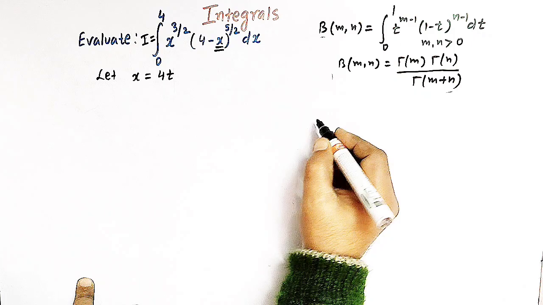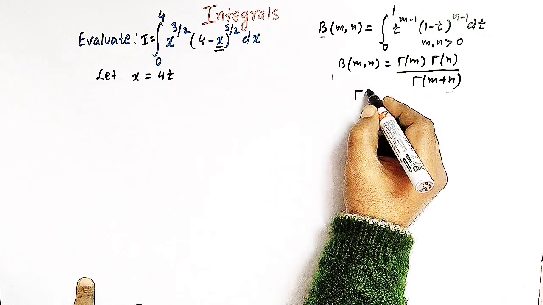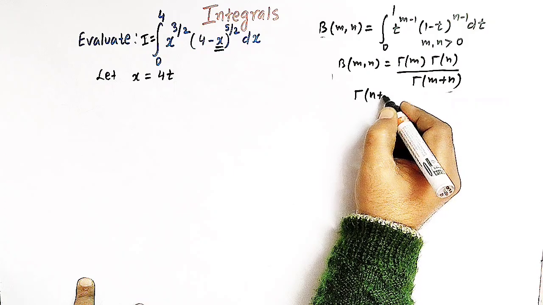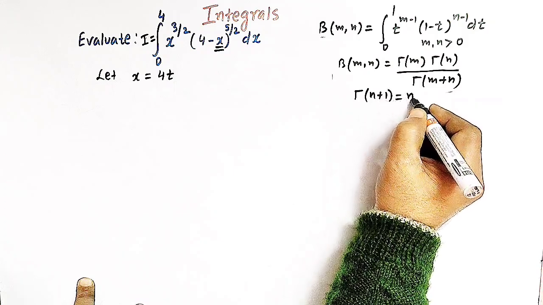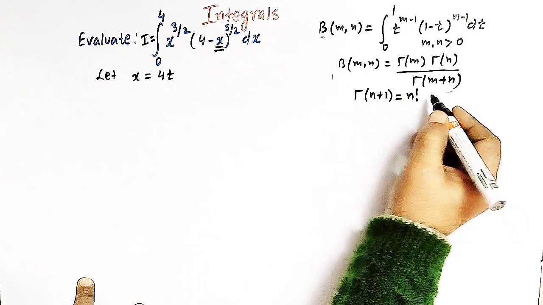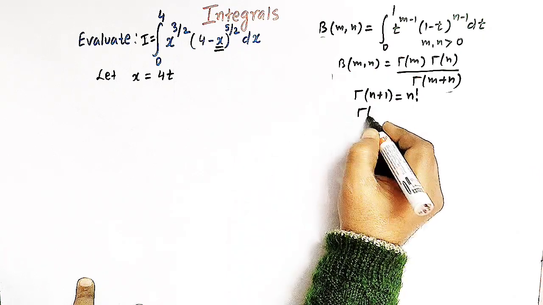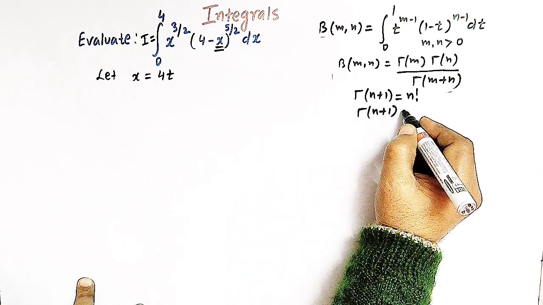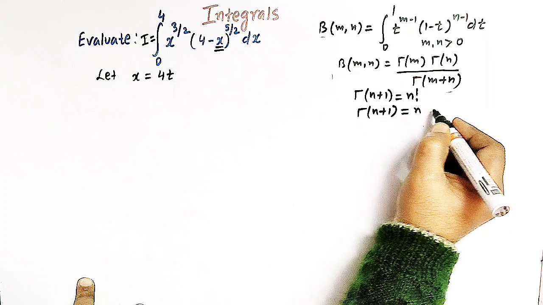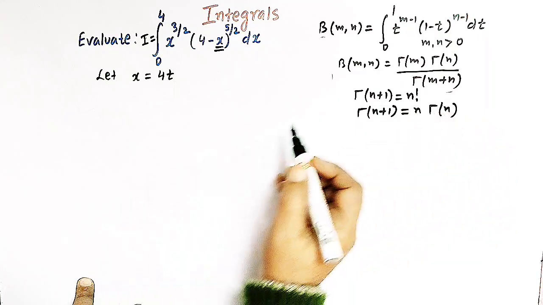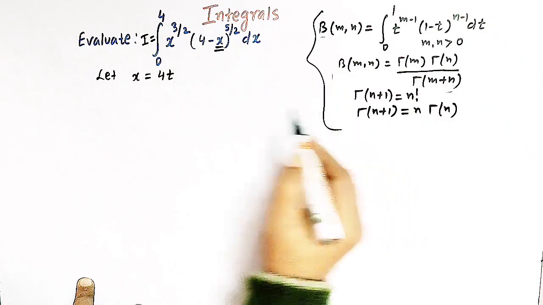And moreover, here we'll also utilize these two important results. That is, gamma n plus 1 is given by n factorial, where n is some positive integer, and gamma n plus 1 can also be written as n times gamma n, right? So let us make this substitution.